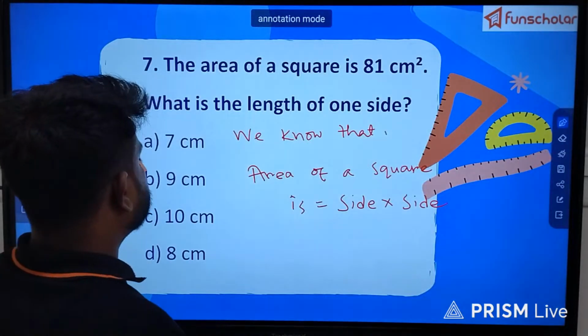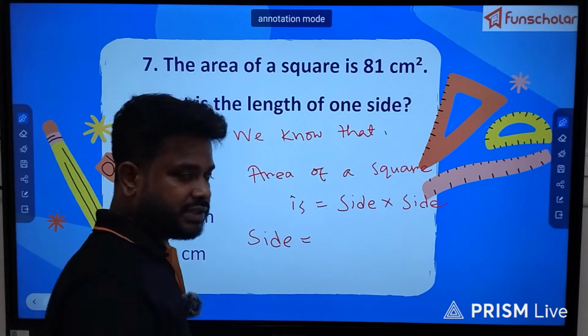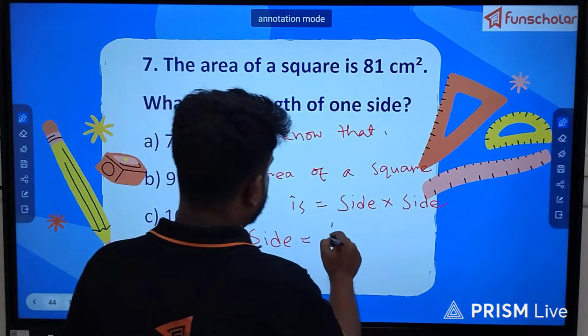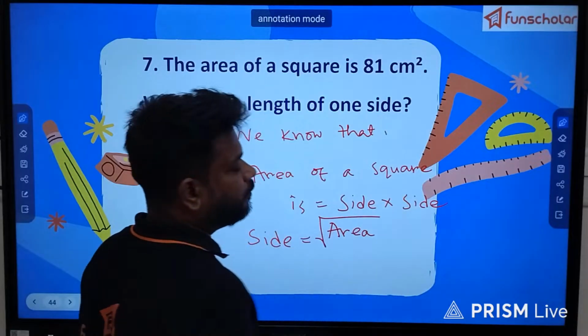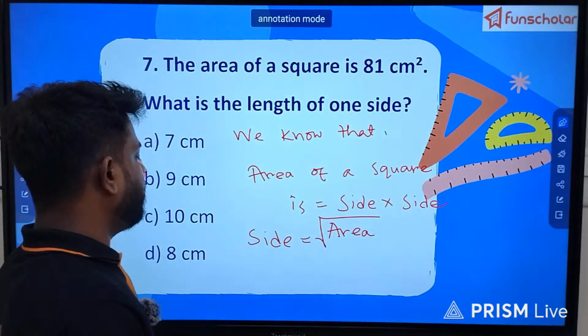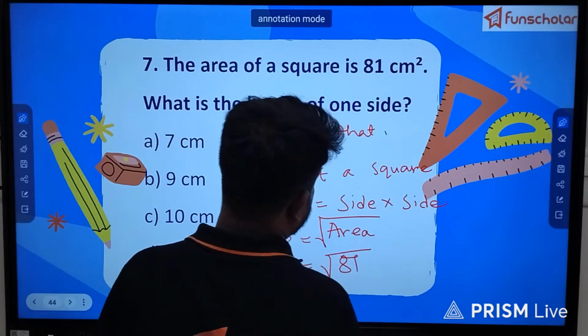Okay, so the formula for the side, if we reverse this, will be the square root of the area. So here the side will be the square root of 81.